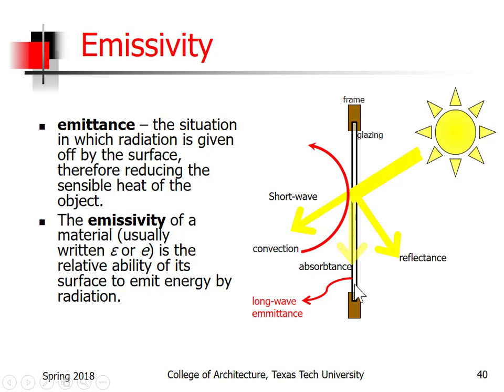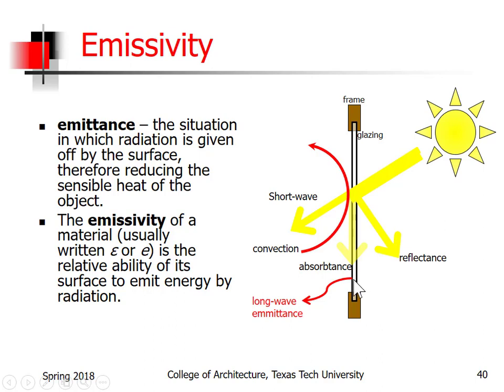In the case of glazing, what we're interested in is the emissivity of the material. In other words, its capability to emit energy or radiation, and that's expressed by this kind of fancy E here, or just a simple E, as we saw in those tables, and that tells us the level at which this emits.